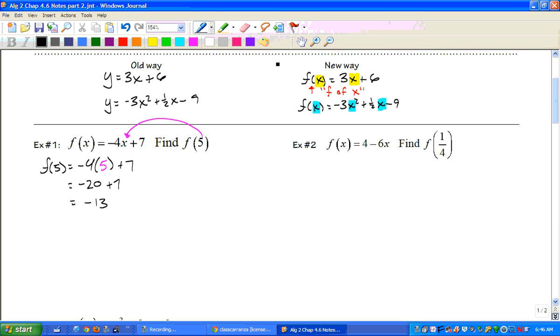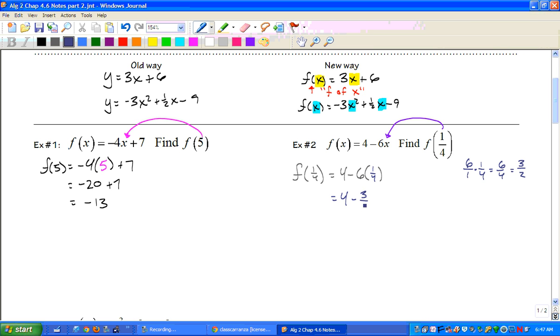Now, same thing with fractions. They tell you what x is, and then we plug it in. So f of 1/4 equals 4 minus 6, and then plug in 1/4. Off to the side, 6/1 times 1/4 is 6/4, which reduces, dividing both by 2, to 3/2.